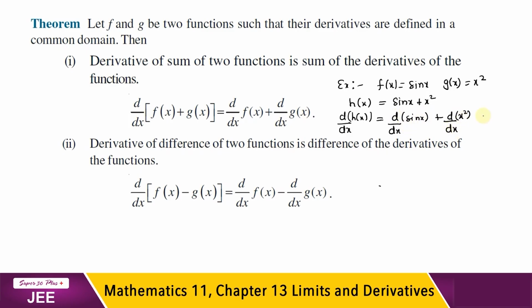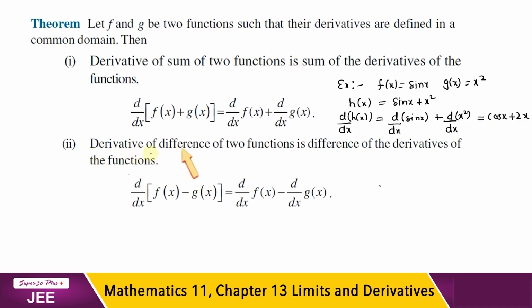And derivative of sin x is known to us, this is equal to cos x, and derivative of x square is equal to 2x. So derivative of this function with respect to x becomes simply equal to cos x plus 2x according to first part of the theorem. I hope everybody must have understood.